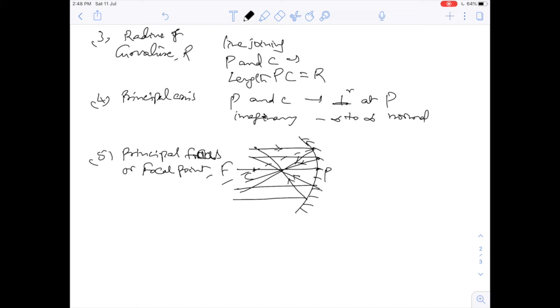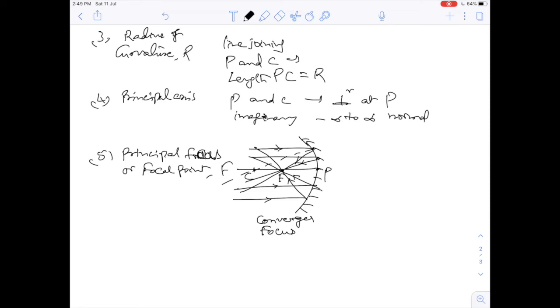So, all these different rays reflect and come to an intersection point called F, and that is called the principal focus. So, a concave mirror converges, bringing the reflected light to focus at a single point.